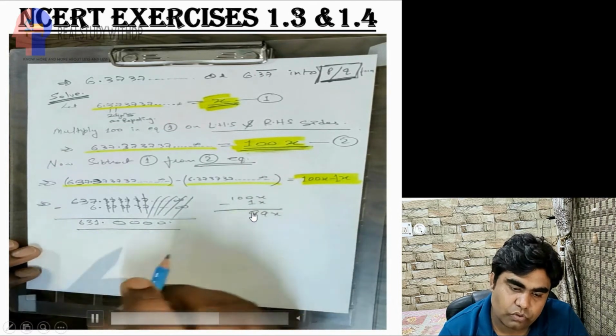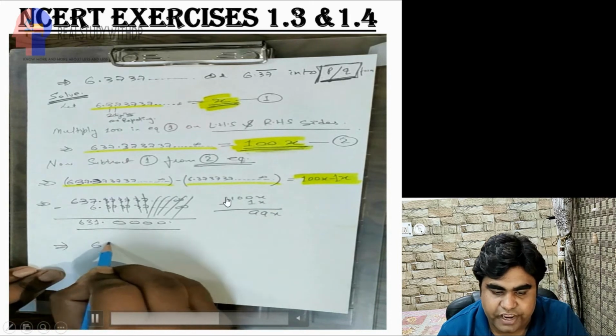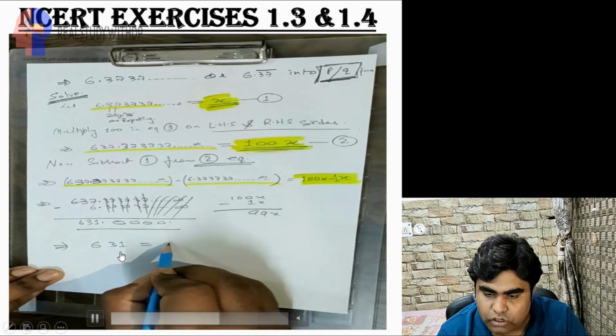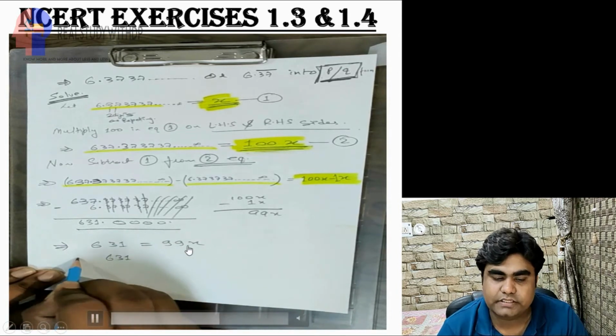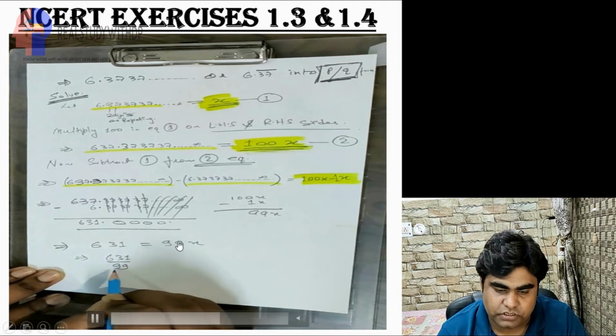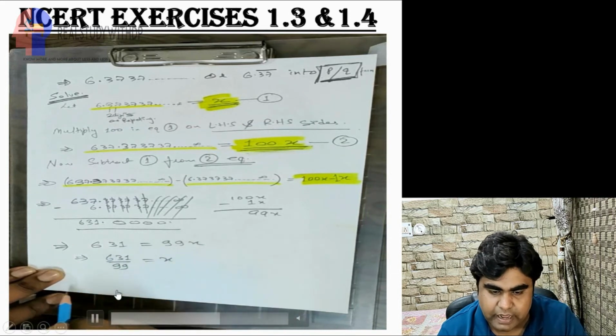We can write the whole LHS part as 631 and the whole RHS part to be 99x. So here 99 times x, so we will shift 99 over there, and we will get this number.